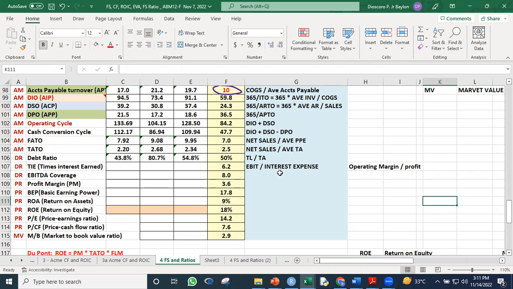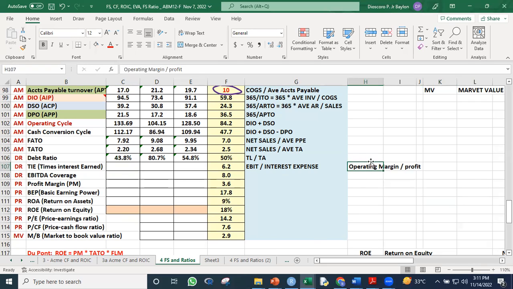All right, so for every 1 peso of interest expense that the company incurs, okay, the company has times interest earned of profit, of operating profit to pay its interest, its service obligations.